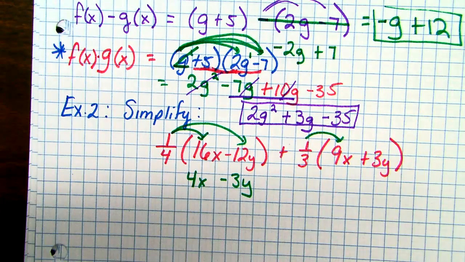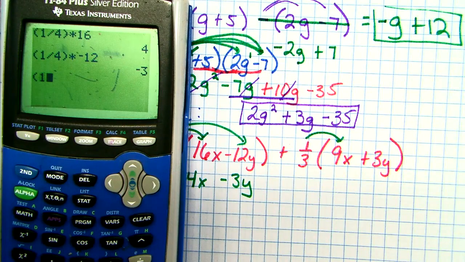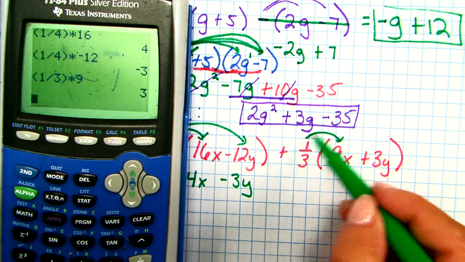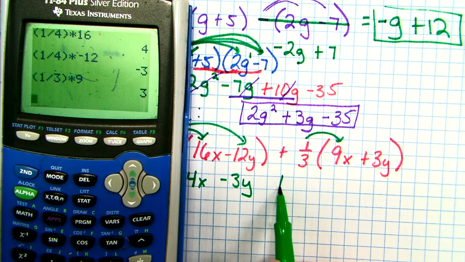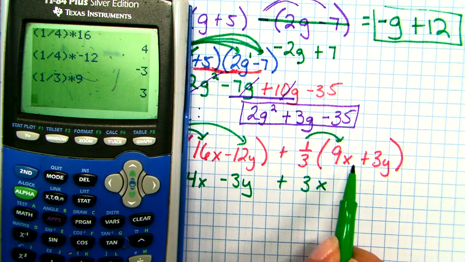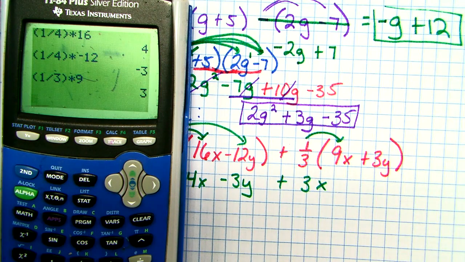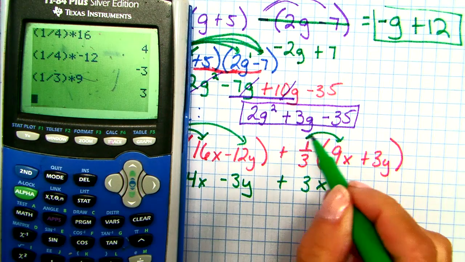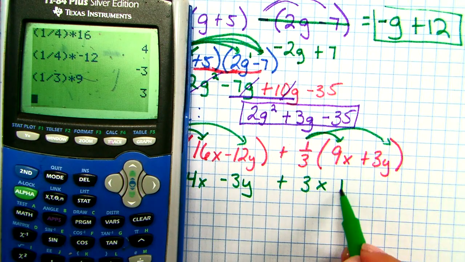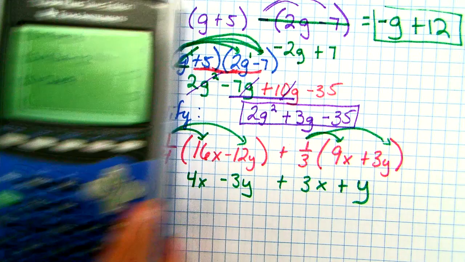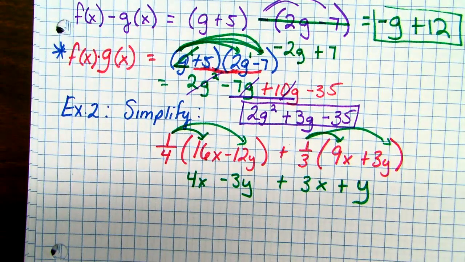But since it's positive, it's just parentheses, 1/3 times 9, and I get 3. So 1/3 times 9 is positive 3, and then there's the x. And 1/3 times 3 is 1, and we don't need to put a 1 in front of the y. So that was the multiplying.